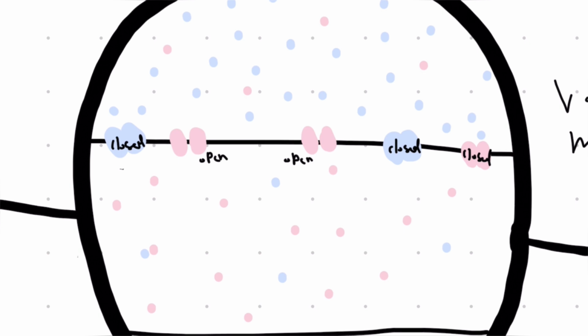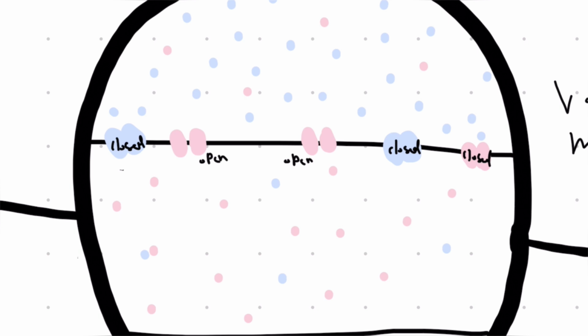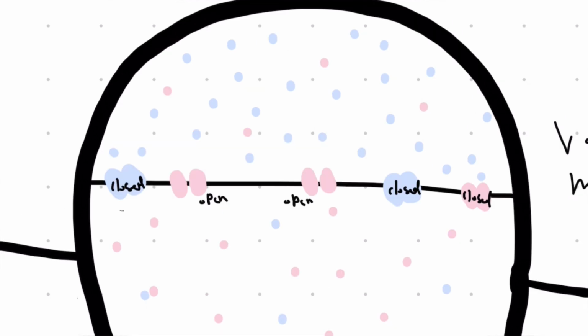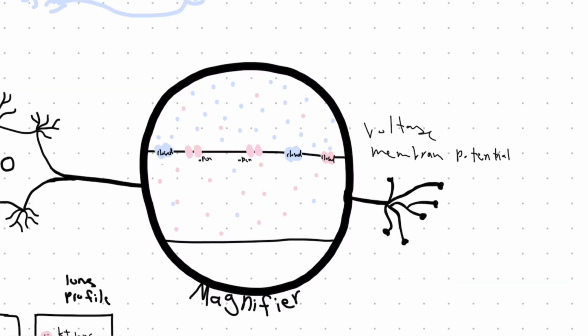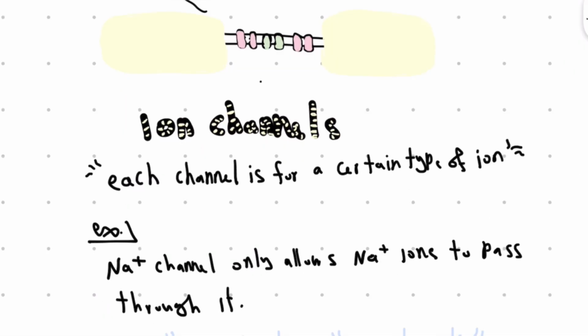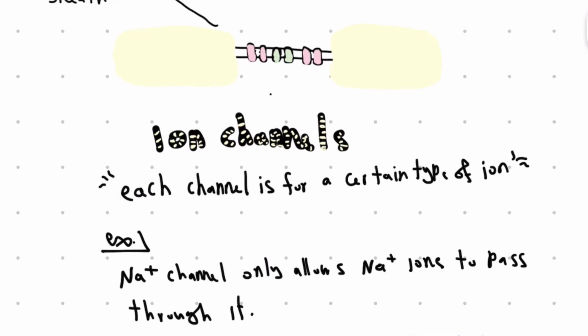We know that ion channels are proteins. There are many types of ion channels, and each ion channel is specific for a specific type of ion. For example, in a neuron, we will look at potassium ions and sodium ions. Each channel is for a specific ion. For example, a sodium channel only allows sodium ions to pass through it.